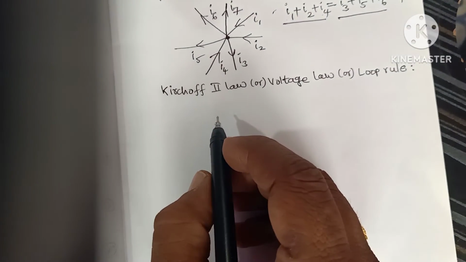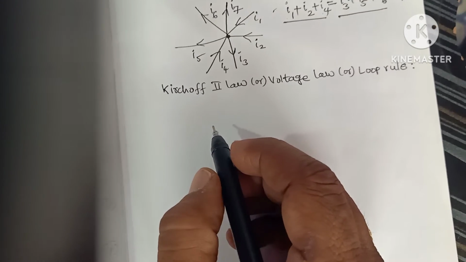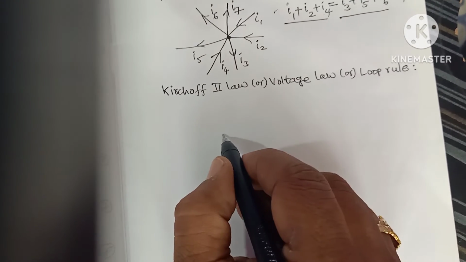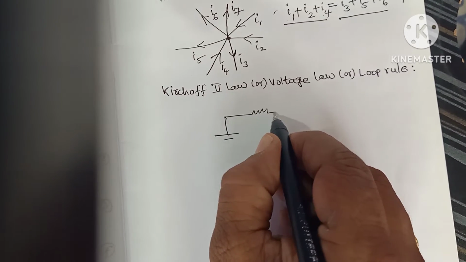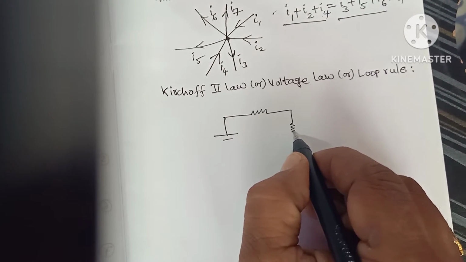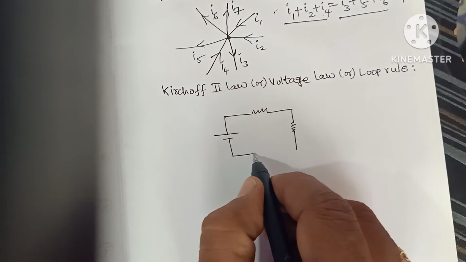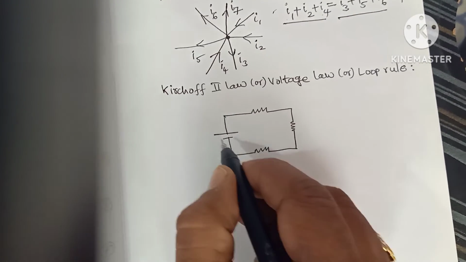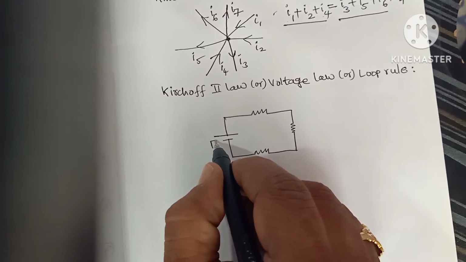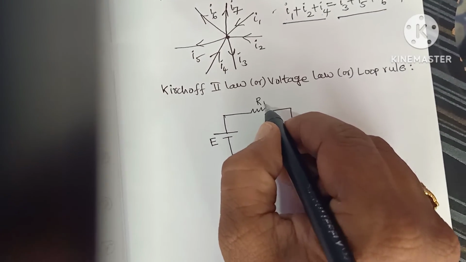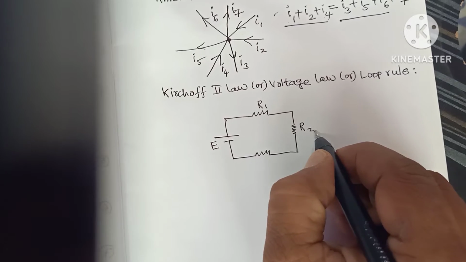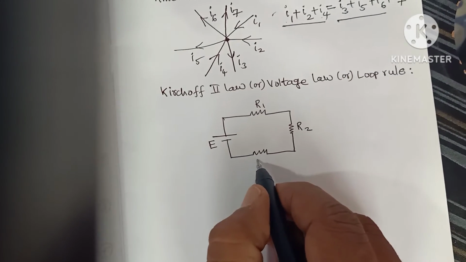Now what Kirchhoff second law says is, suppose we consider a circuit with different batteries and resistors. This is a battery with a potential difference of E, and this is a resistor R1, resistor R2 and resistor R3.